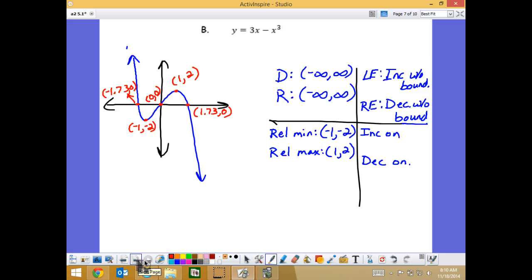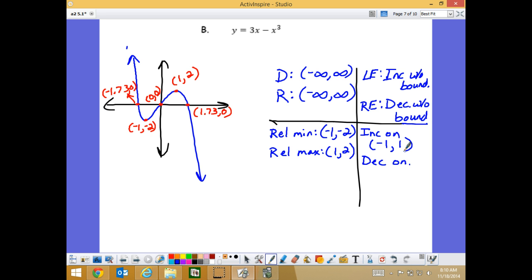Now, an increasing piece of the function is one that goes up as we go to the right. So where is this graph going up as we go to the right? It's going up from here to here. So it is increasing on the interval from -1 to 1.